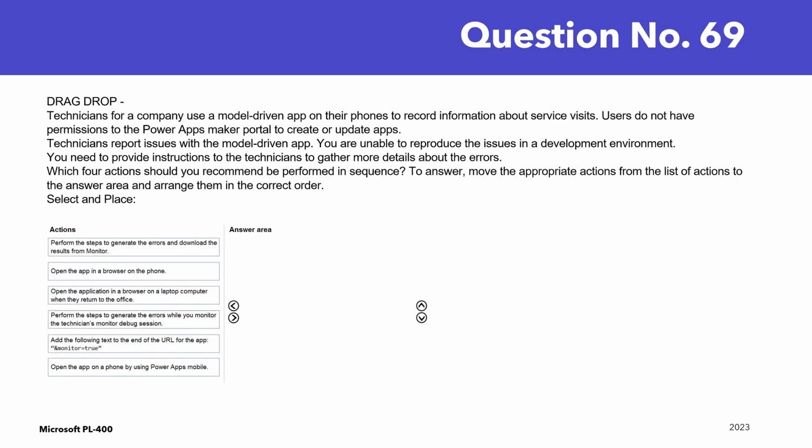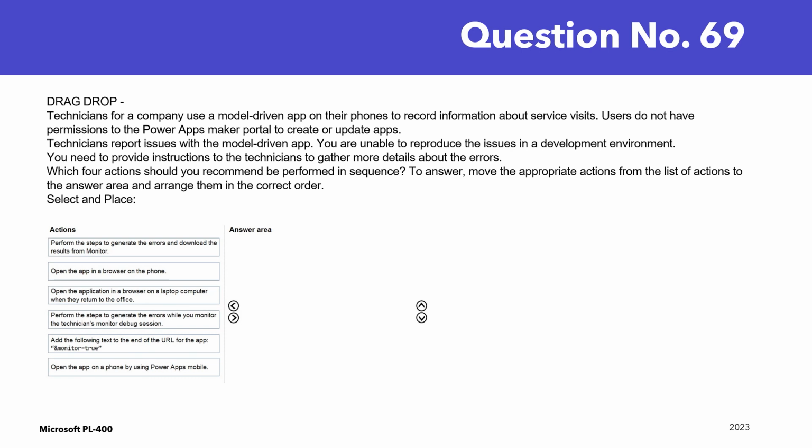Technicians for a company use a model-driven app on their phones to record information about service visits. Users do not have permissions to the PowerApps Maker portal to create or update apps. Technicians report issues with a model-driven app. You are unable to reproduce the issues in a development environment. You need to provide instructions to the technicians to gather more details about the errors. Which 4 actions should you recommend be performed in sequence?